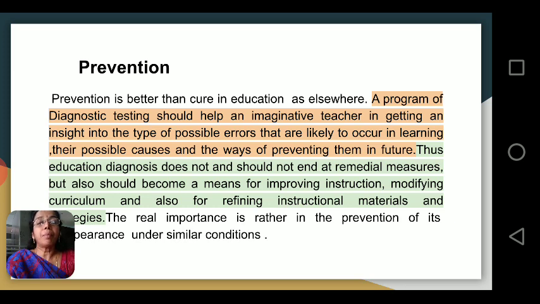And after this remedial program, the teacher has to conduct an evaluation test. If the student succeeds in the evaluation test, we can stop the diagnostic process. If the student fails to succeed in the evaluation test, the entire diagnostic testing and remedial cycle has to repeat again.